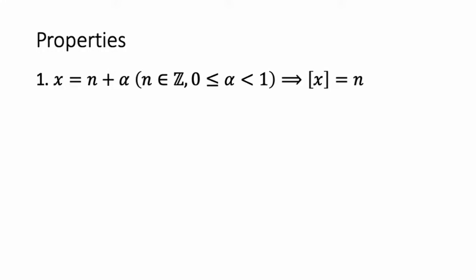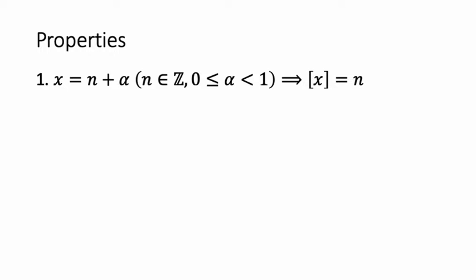Let's now take a look at some simple properties of Gauss marks. If you go to Wikipedia, you can see many other properties, but today we'll only talk about 2 simple ones that we can use to solve our questions. First is that we can represent x as n plus alpha, where n is an integer and alpha is a number between 0 and 1.